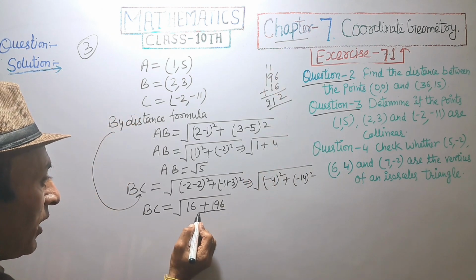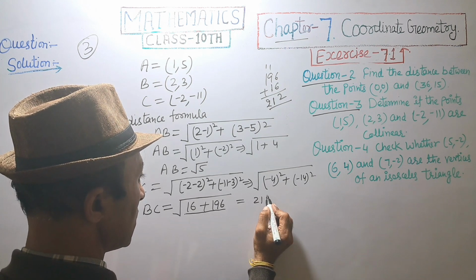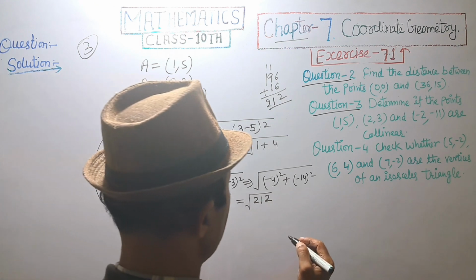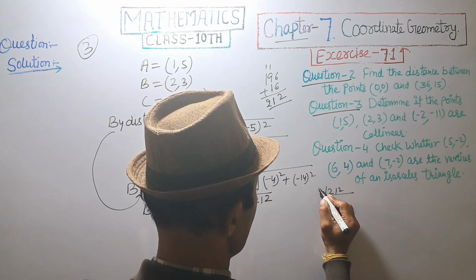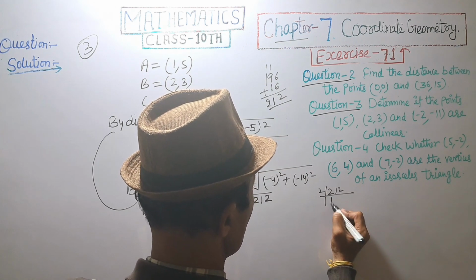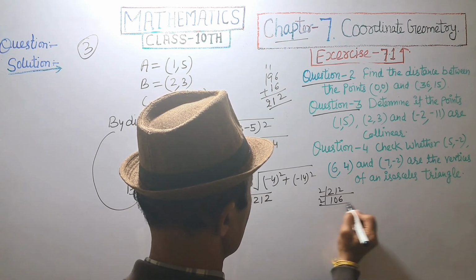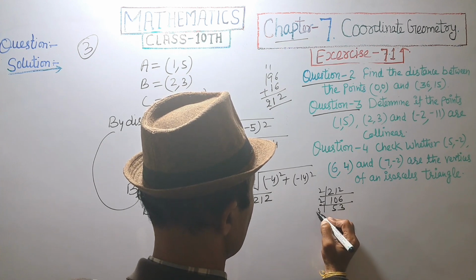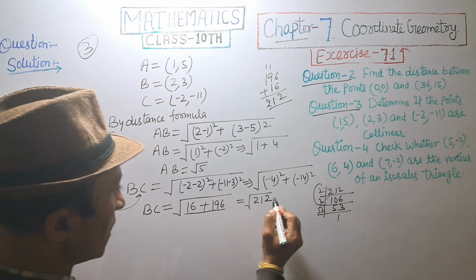Sum of 196 and 16 is equal to 212, and prime factorization of 212 gives 2 into 53.